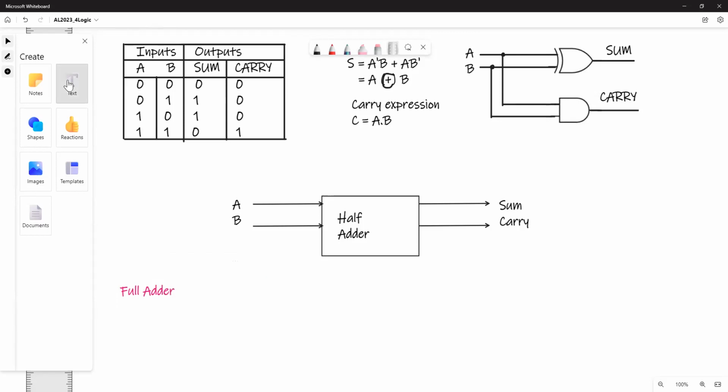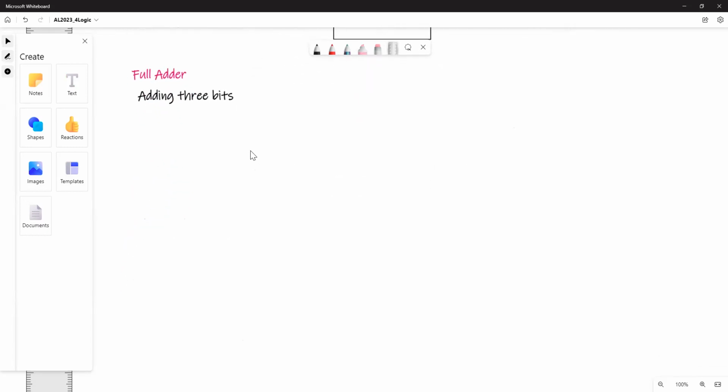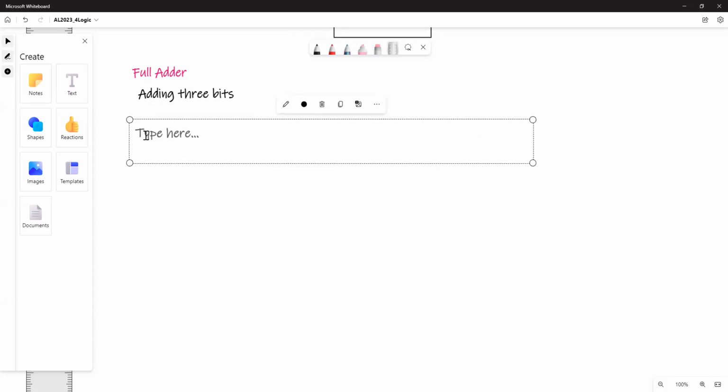So in the full adder, now we are going to look at adding 3 bits.